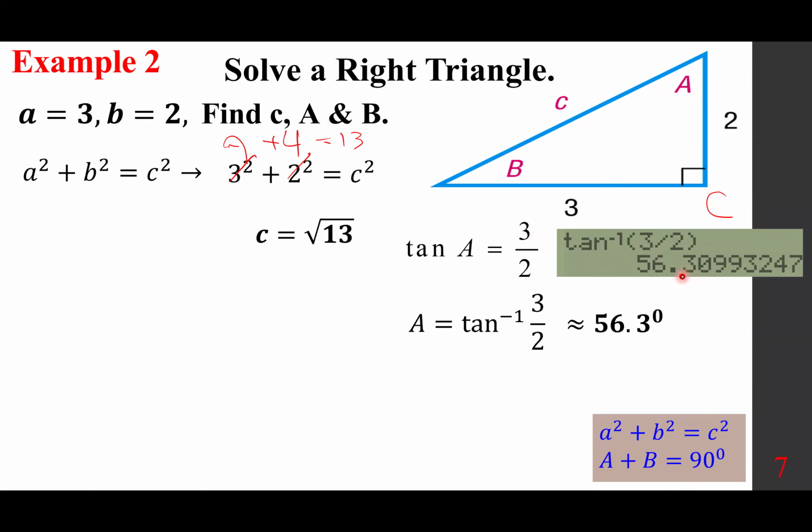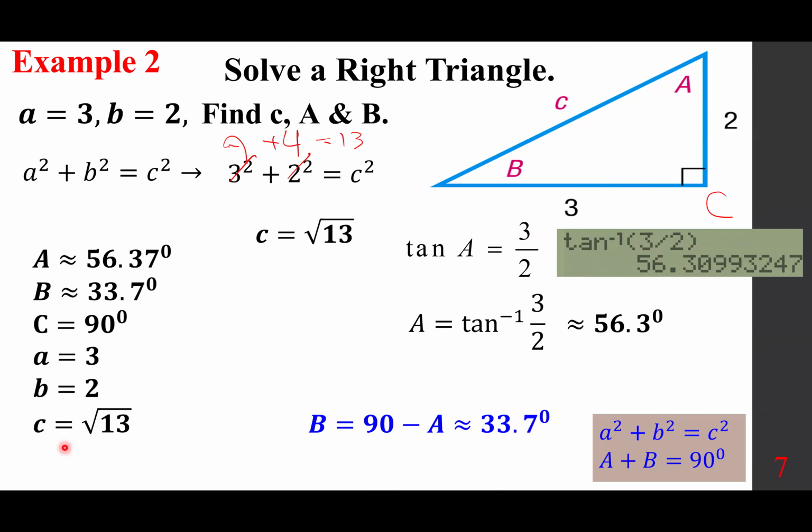So if A is 56.3 degrees, B must be 90 minus that, 33.7. And I like to write everything again. So A, 56.3 degrees. This is 33.7 degrees, 90 degrees.